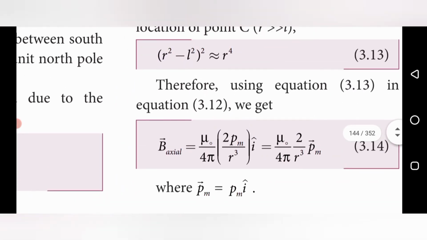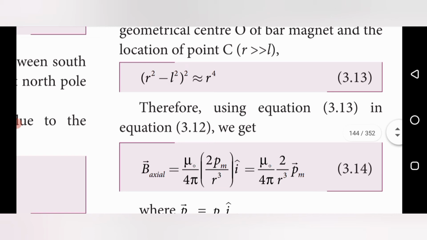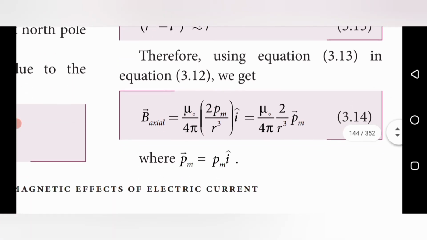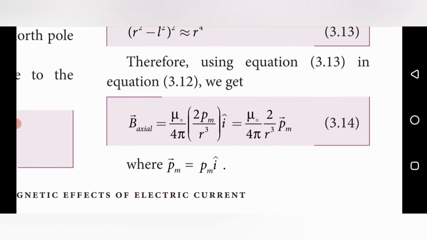L is the smaller length, so neglect the value of l and substitute only r. Finally you get r power 4. Then r cancels, and the denominator has r power 3 only. So finally B is equal to mu naught by 4 pi, 2 Pm by r cube. This is the final value of the magnetic field at a point along the axial line of the magnetic dipole.